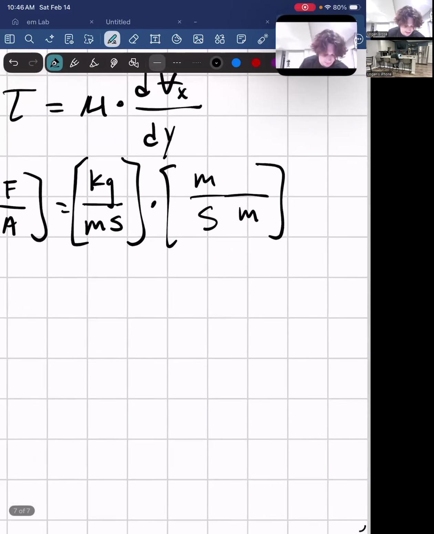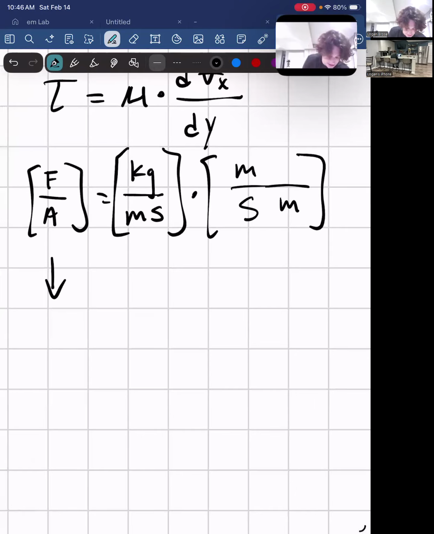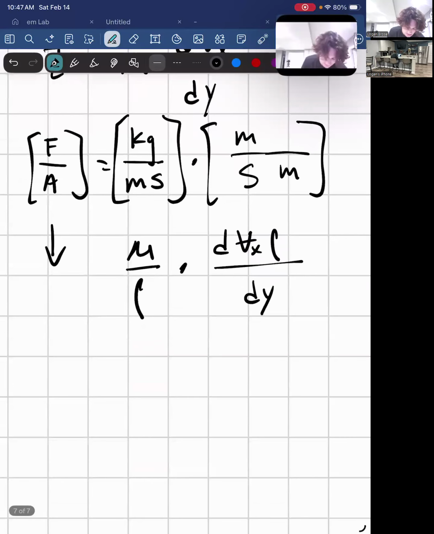So what we're looking at now, this doesn't change. This becomes viscosity over density times the change in velocity in the x times the density over change in y. So now we're looking at kilograms per meter second times meter cubed per kilogram.